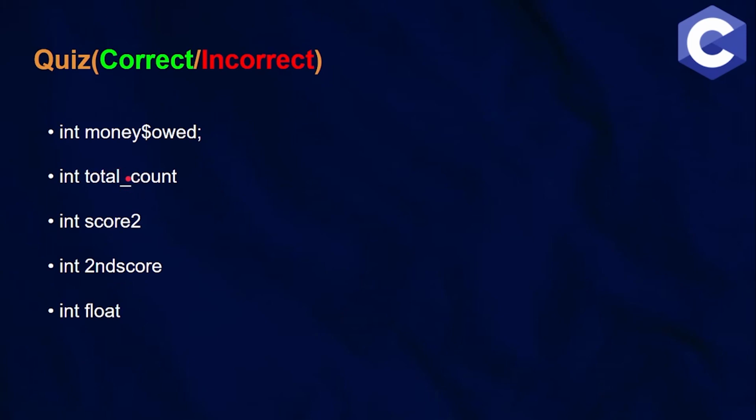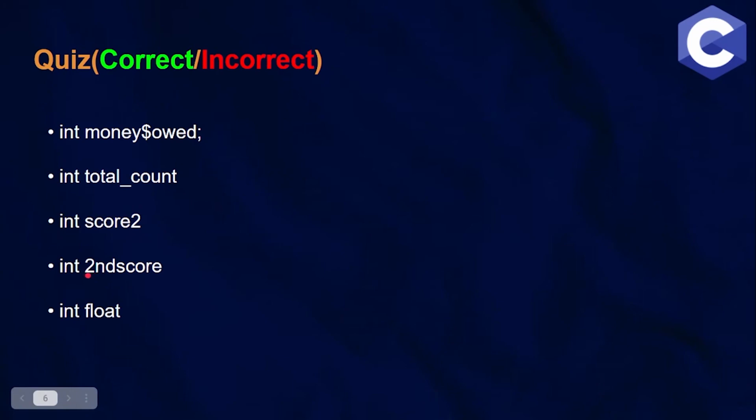Underscore is accepted in C. So this one is correct. Here we are starting with S and at the ending we used a digit. We have the constraint that we should not use digits in the beginning, but we can use digits at the end. So this one is correct.